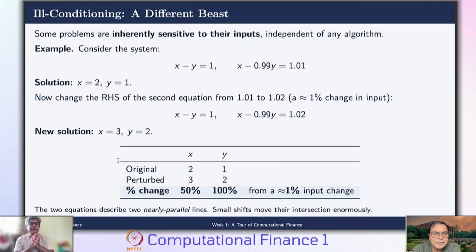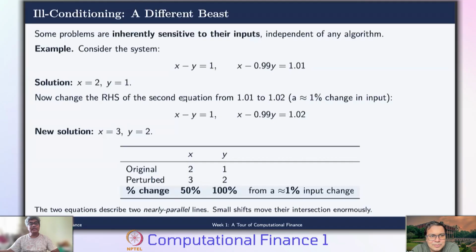For example, you are trying to solve a system of equations. You have one equation, x minus y equals 1, and another, x minus 0.99y equals 1.01. One solution is definitely x equals 2, y equals 1.